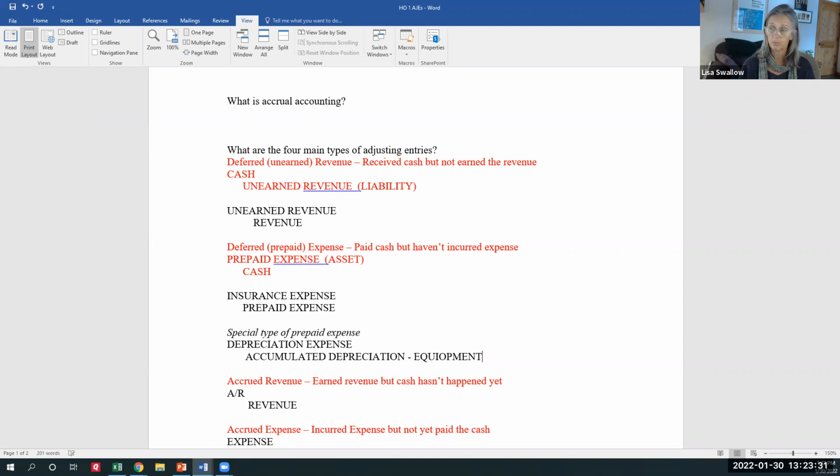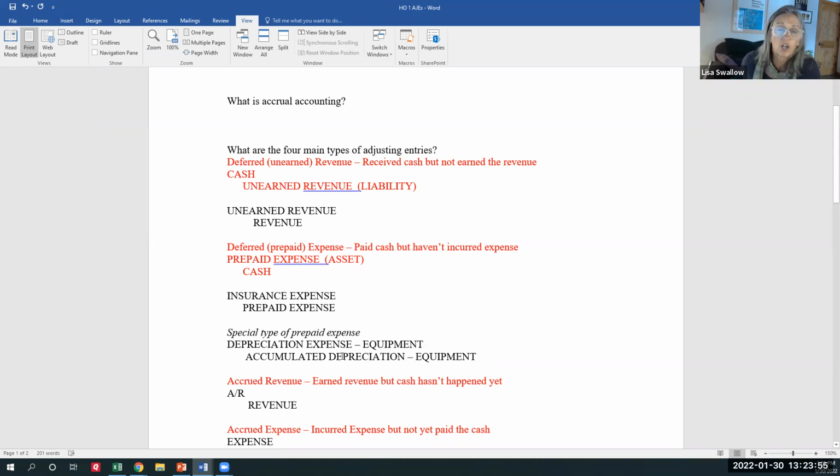And then you have to put the type of asset that you're depreciating. Is it equipment? Is it a building? Is it a car? What is it? Is it a piece of equipment? And this is a profit and loss account. It's got a debit balance, it's expense.